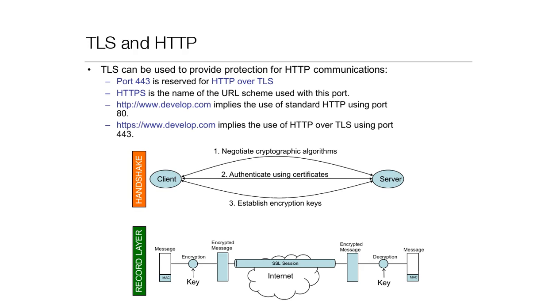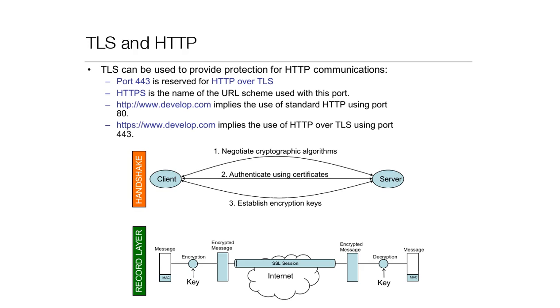After that, in the record layer, the data transmission is done. In the handshake layer, we can see they are negotiating and authenticating each other, and then establishing a symmetric key.